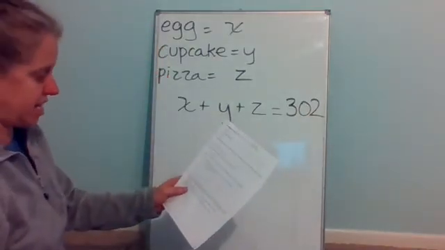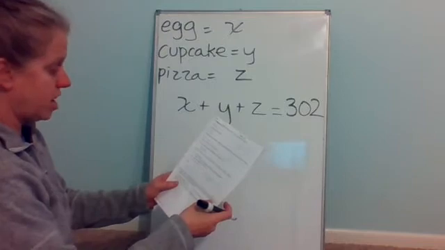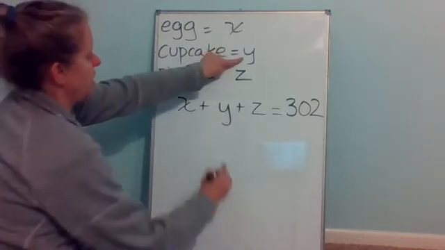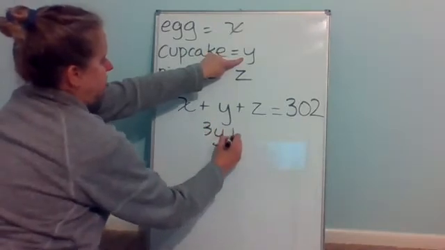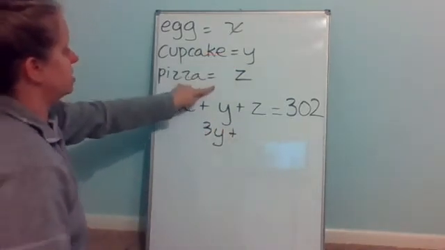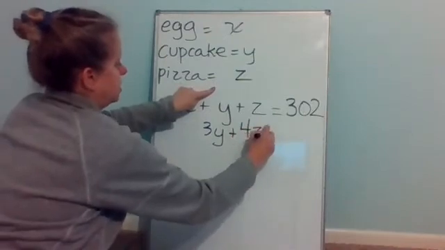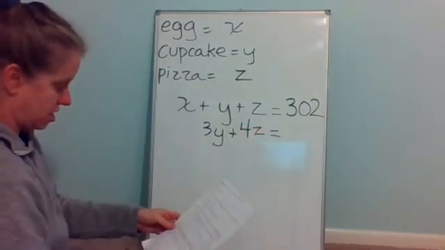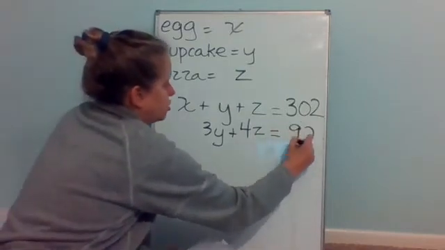The second sentence says, if the child eats 3 cupcakes and 4 slices of pizza, so 3 cupcakes would be 3Y, 4 slices of pizza would be 4Z, they would consume 92 milligrams of cholesterol.